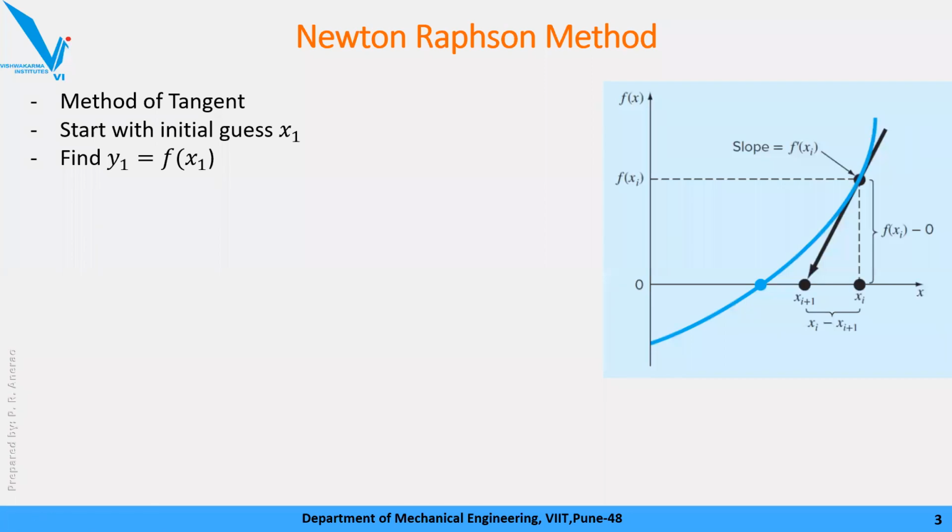Then we know that the equation of the tangent is like this: y2 minus y1 divided by x2 minus x1. Now we have the x1 value, and in the problem statement they have given us some function of x, a random function of x. Based on these two data we need to find a root.